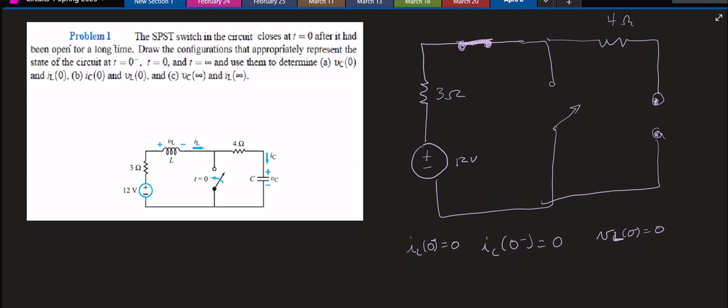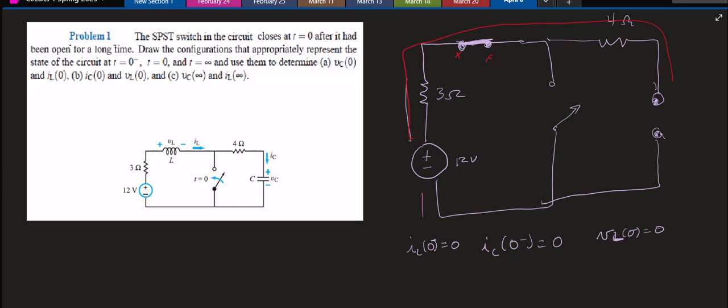So everything from here to here is at one voltage because they're all connected and there's no current, and so there's no difference between the voltage on either side.